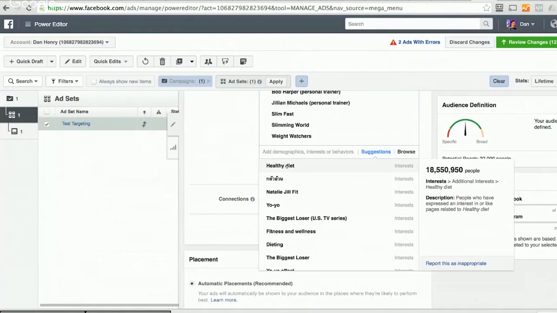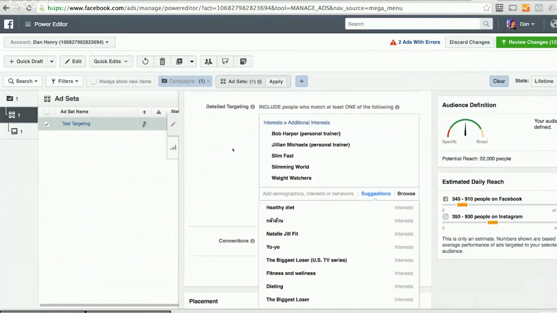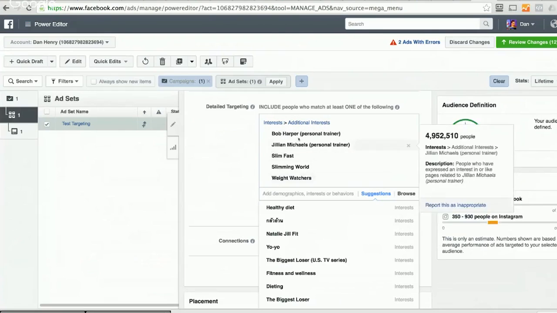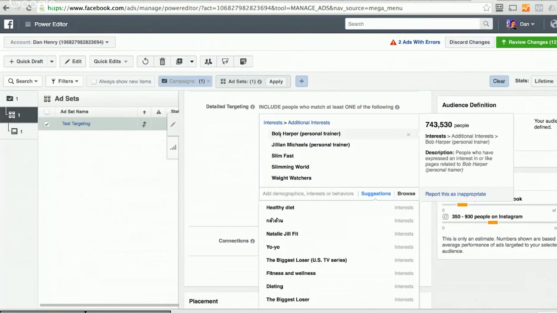Okay, so like healthy diet. Healthy diet, I would not choose, at least not in this particular ad set, because healthy diet here is just an algorithm. From what I understand of how the Facebook algorithm works, at least currently, and I've taught you guys this in another lesson, these are all fact-based, which means anybody I'm targeting right now liked Bob Harper's page.